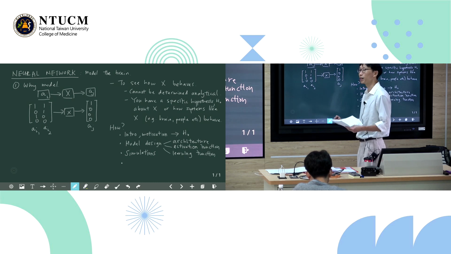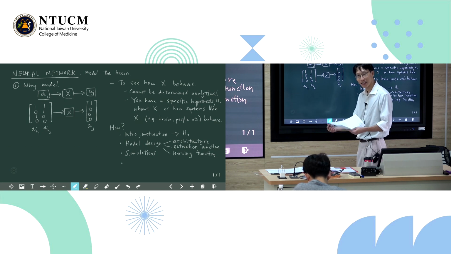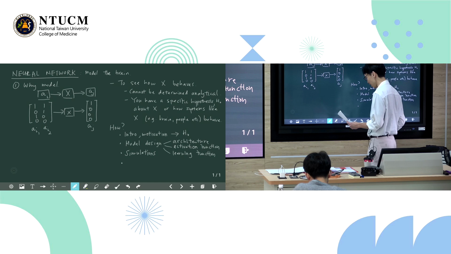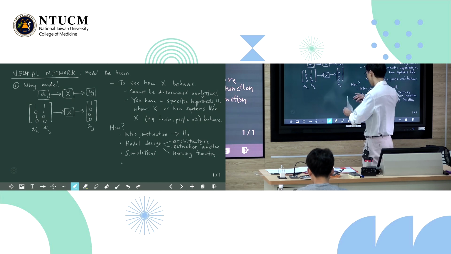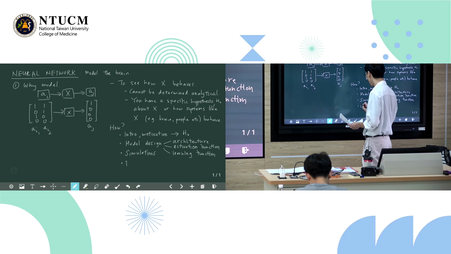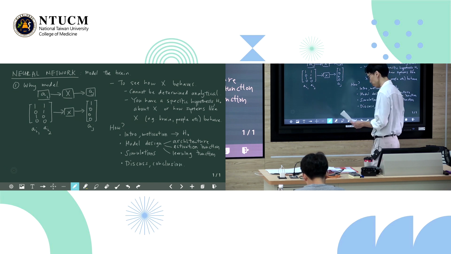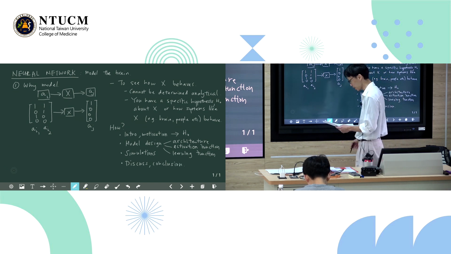So it's like running an experiment and then analyzing the data and seeing what the results are, okay? Then finally, of course, after running the simulations and evaluating the results, we can discuss, conclude, and make some conclusions, all right?